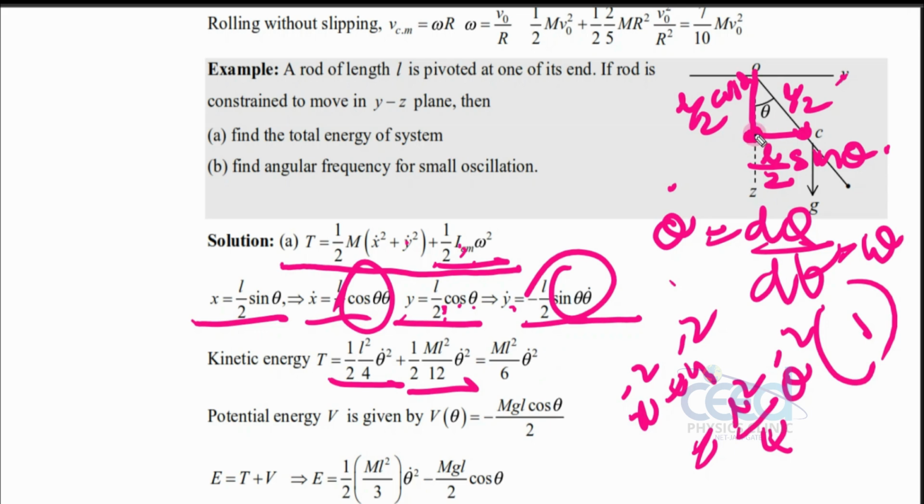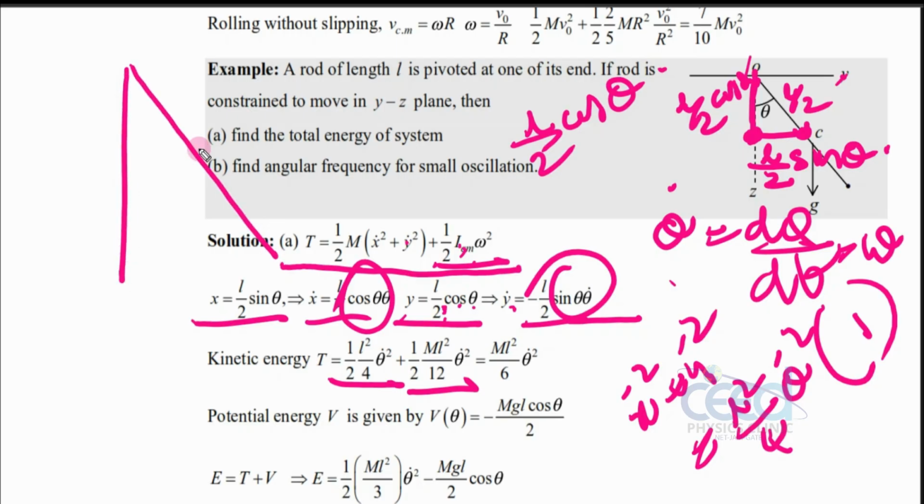Potential energy: initially the center of mass is here. Then what is the height it is rising? That is L by 2 cos theta, the height the center of mass rises. Suppose a rod here is rotating like this. Initially the center of mass is here, then it rises by this height.